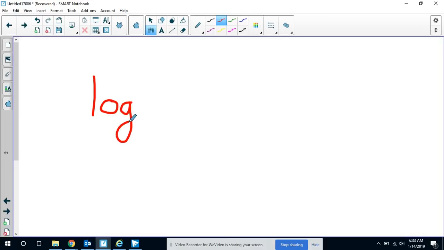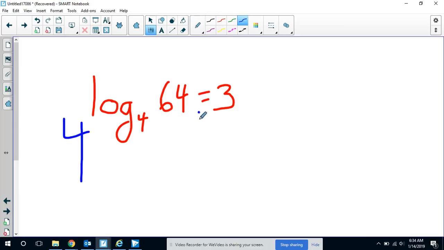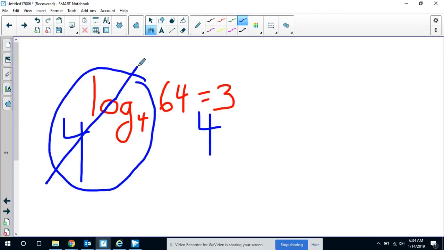So if I have log base 4 of 64 equals 3, if I'm given that, I can rewrite this in exponential form, because I can take 4 to the power of both sides, and 4 to the log base 4 essentially cancels out because they're inverses of each other. And so I end up with 4 to the 3rd power equals 64.